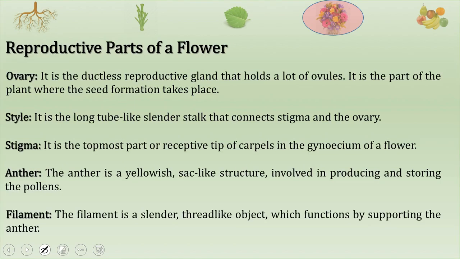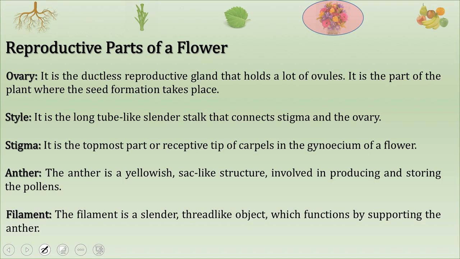Let us see the reproductive parts of the flower, which we just saw in the video. Ovary, it's a reproductive part that holds a lot of ovules. It is the part of the plant where seed formation takes place. Next is style. It is a long tube-like slender stalk that connects the stigma and the ovary.